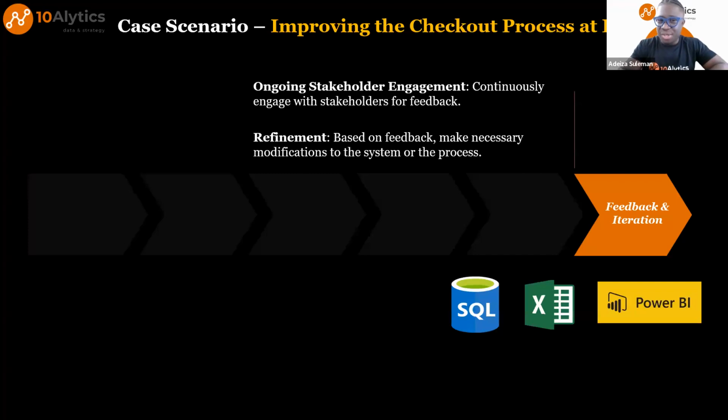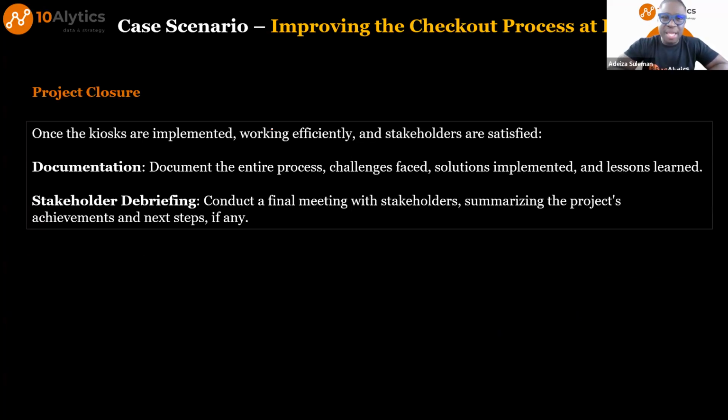So once you are done with this, you've gotten feedback, you've made so many iterations, you've also tracked, you've gone to the database, you've extracted data, you've used Excel to do some analysis, you have a Power BI dashboard that shows you transactions on a day-to-day or week-to-week basis, where you can track the use of that self-service kiosk and see if it is meeting the objectives as deployed. You then close the project and document the project.